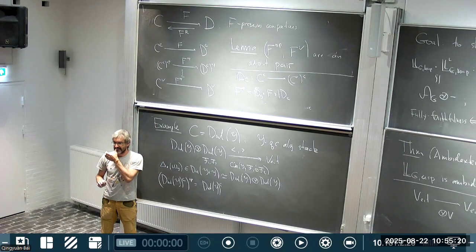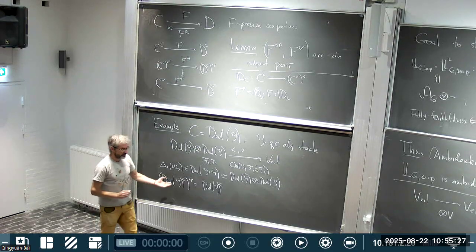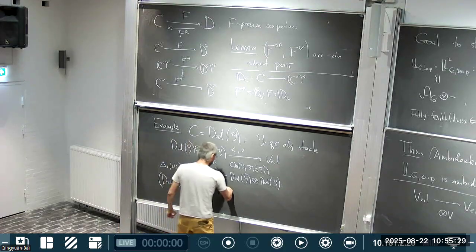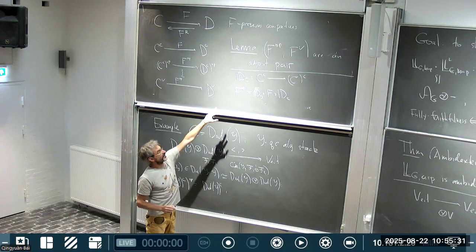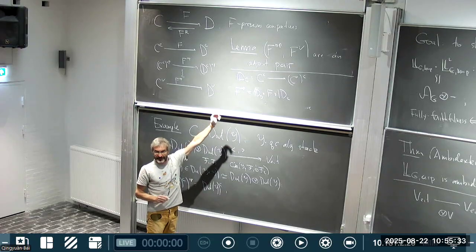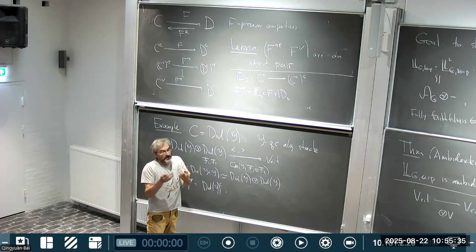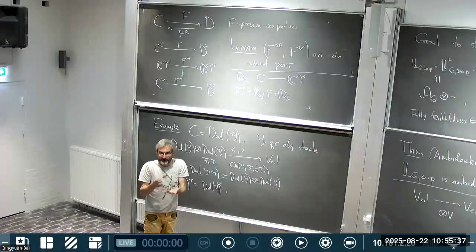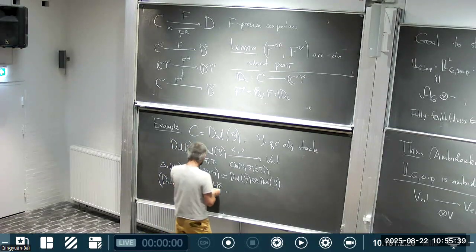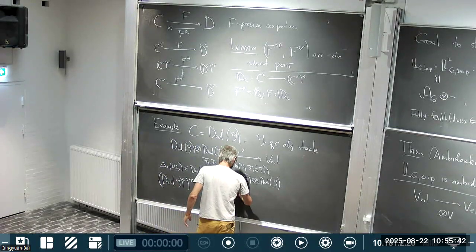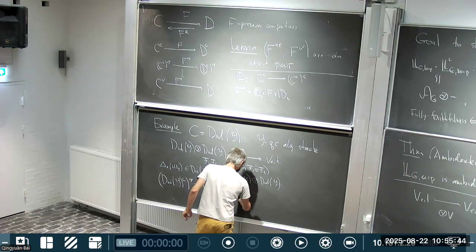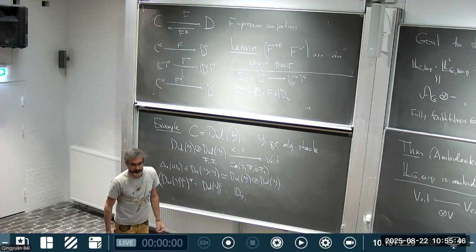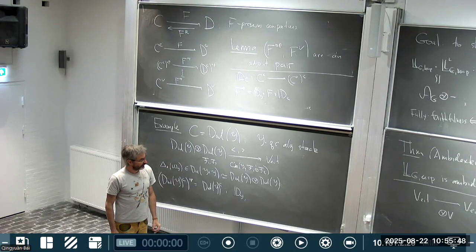This is the tautological duality: when you take the dual of something compact, it becomes a compact object, and in this case this is Verdier duality. I think everybody knows that.